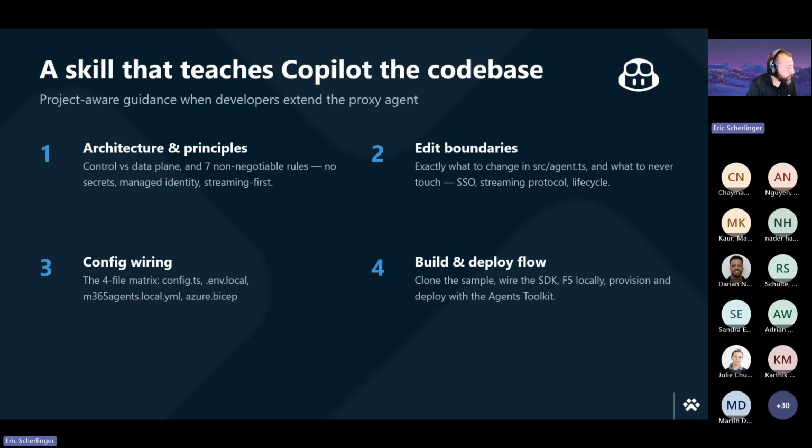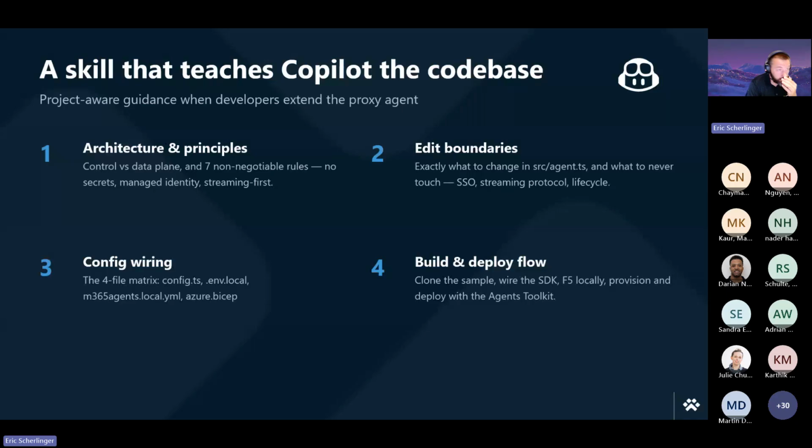It will also explain what the boundaries are, what you should edit and what not to edit in the sample to keep the proxy alive, but also edit it and adapt it to your existing AI agent architecture. It will help you understand the config wiring, what the different files are, where the variables are stored, and how the deployment is going.